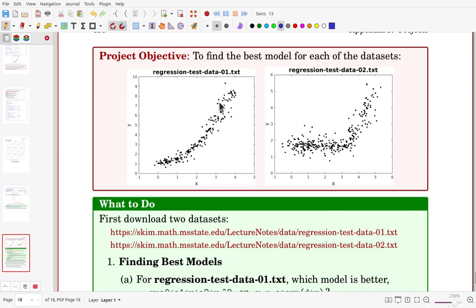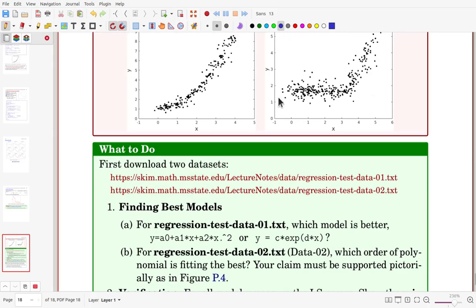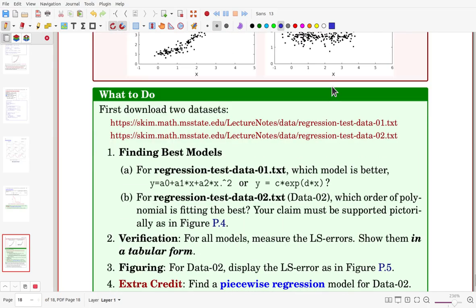It looks like a quadratic. And this one looks like a quadratic, but not really, because the data set has a cusp. So you may consider this one as somewhat locally linear. Okay, data 1, data 2.